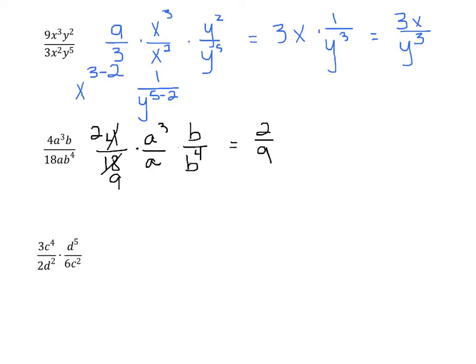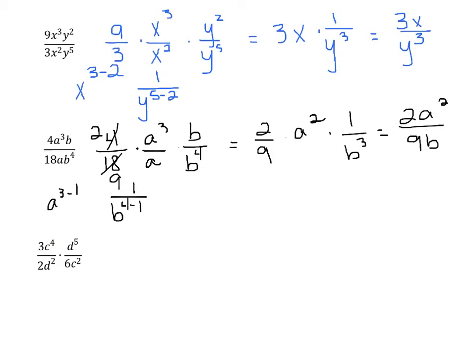A cubed over a would be a to the 3 minus 1, that's a squared. And then b over b to the fourth would be 1 over b to the 4 minus 1. So that's 1 over b cubed. And then we simplify. This becomes 2a squared over 9b cubed.